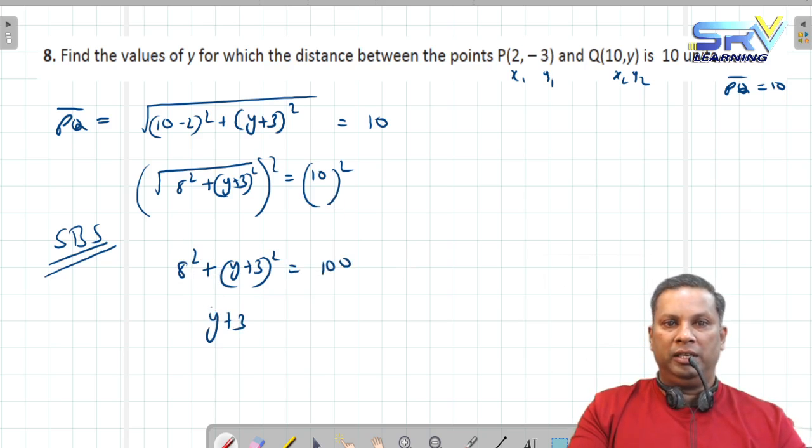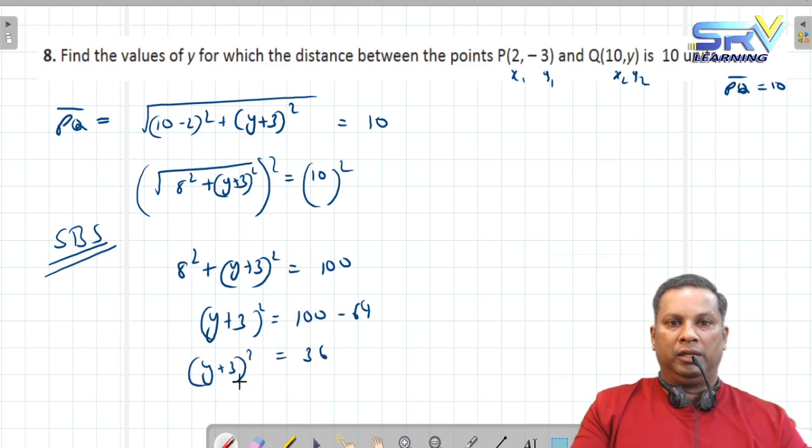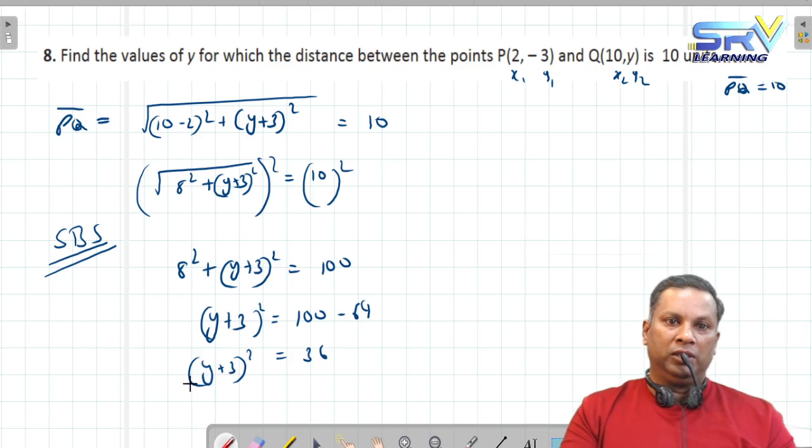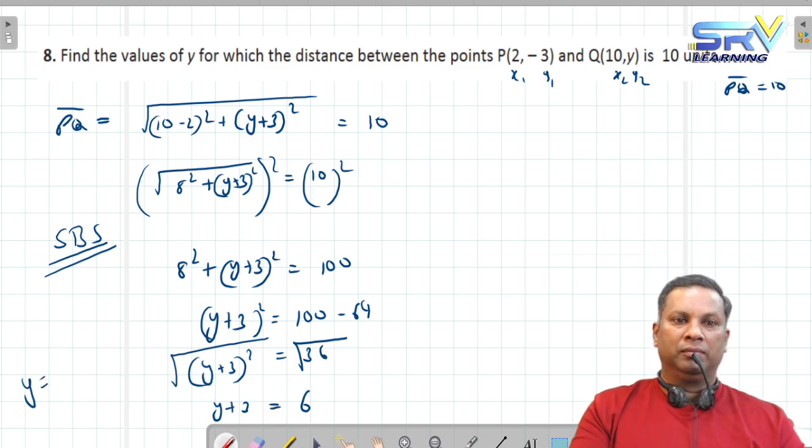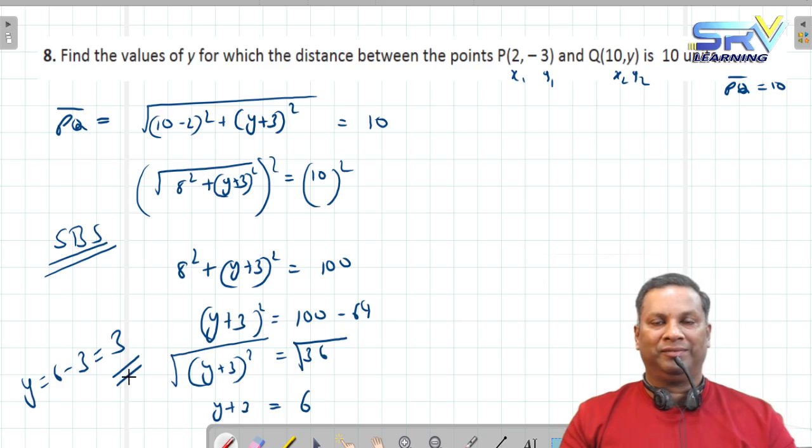So y plus 3 whole square will be 100 minus 64, which is 36. Now again we will find root on both the sides. तो इसका रूट डाल दो और इसका रूट डाल दो. So इसका रूट हो जाएगा y plus 3 and 36 का रूट is 6. Now 3 comes here. So y is equal to 6 minus 3, which is 3, and this is your answer.